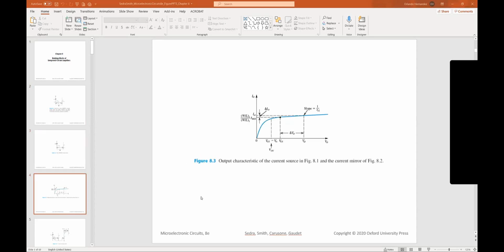The output characteristic of this type of current mirror is shown here. So here you have the ratio of the width to length ratio of transistor 2 to 1 times the IREF, right here. Okay. So that's what you get after your output voltage goes above VGS, then you start getting a constant current characteristic.